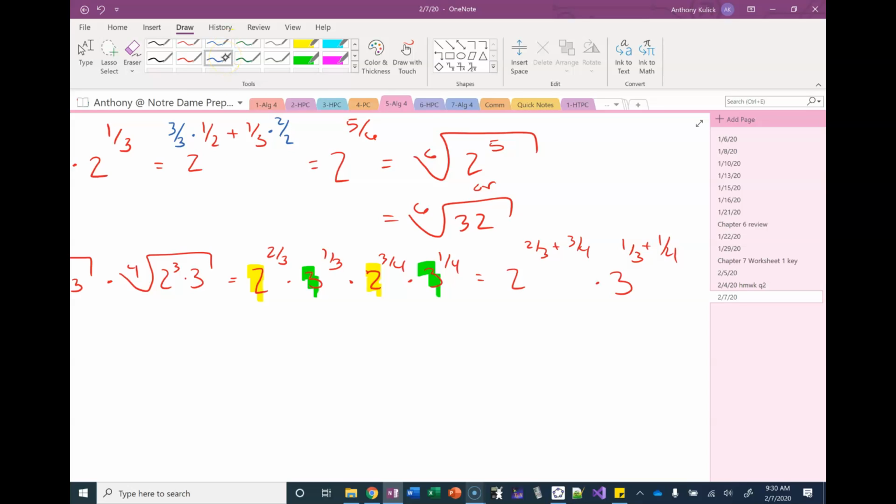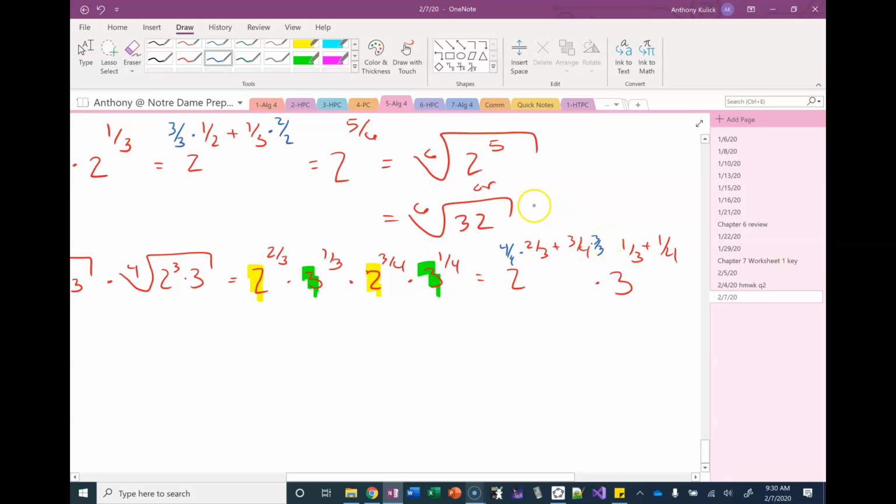To add 2/3 and 3/4, what do we need? Common denominator. What would that common denominator be? 12. What do I need to multiply 2/3 by? 4/4. What do I have to multiply 3/4 by? 3/3.